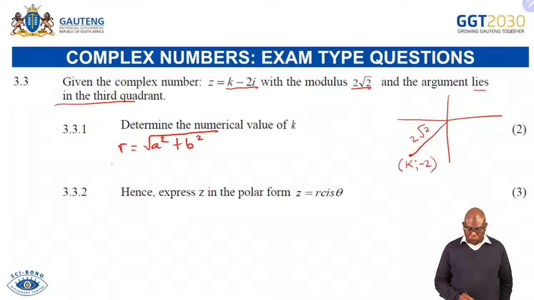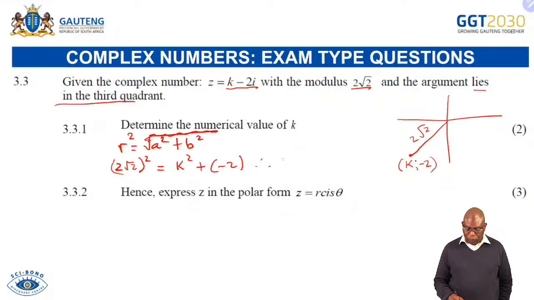So I'm going to write my R as this, because it's my modulus. And then that will be equal to the square root of k squared plus minus 2 squared. I'm going to square that one and remove the square root. Right? And therefore my a is going to be k squared. Then I've got minus 2.